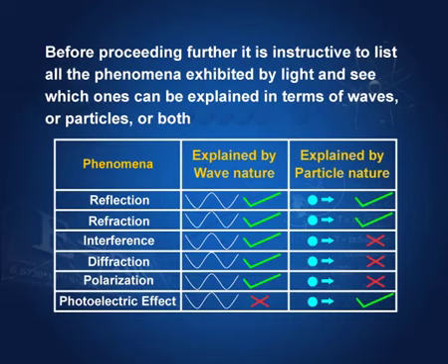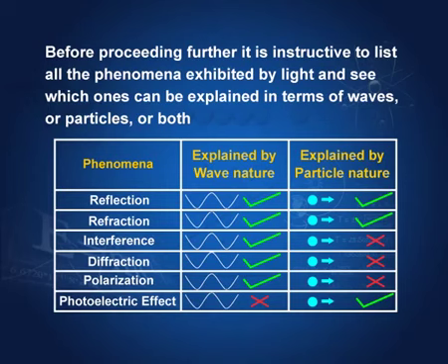You remember this, we explained reflection and refraction on the basis of Huygens principle of wave functions, the wave fronts advancing and each particle on the wave front becoming a source of secondary waves and so on.